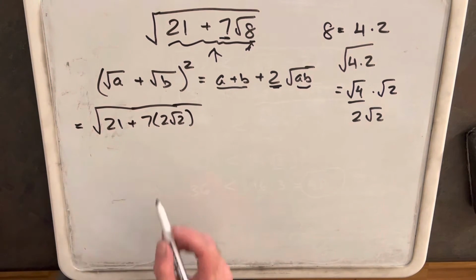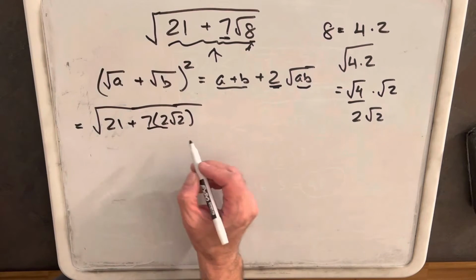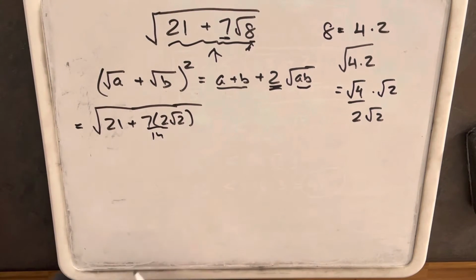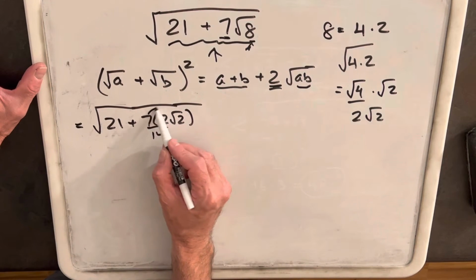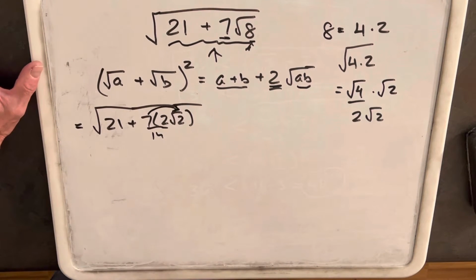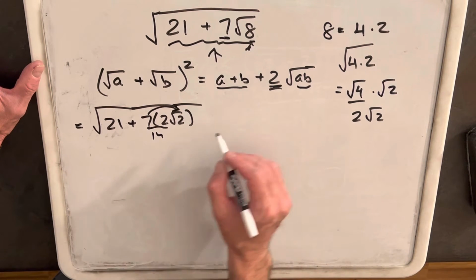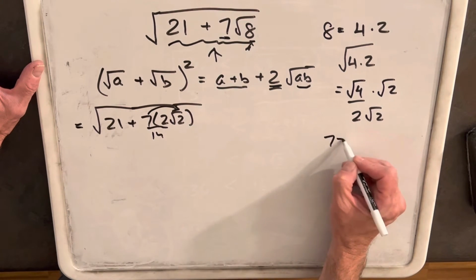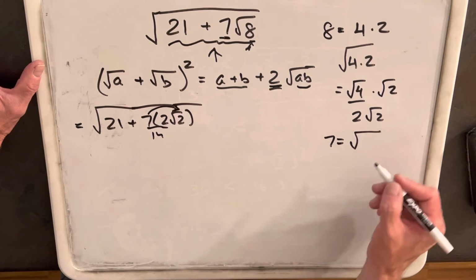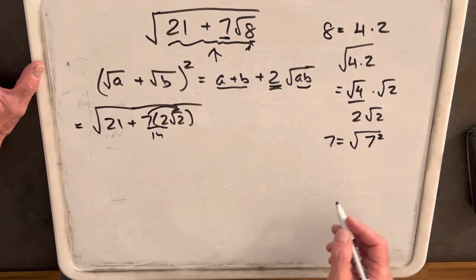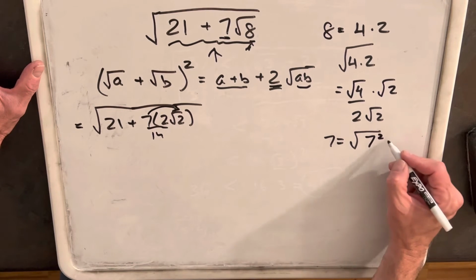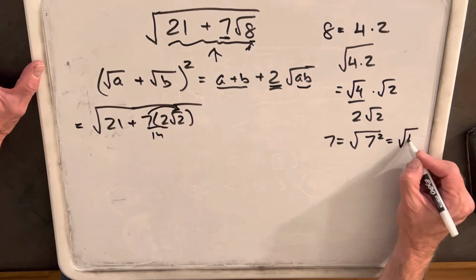And then now we still have a problem because when we multiply this out, this is 14, and we want this to be a 2. But instead of actually multiplying these together, I want to get the 7 back in the radical. So we know that 7 squared is 49, so we could write 7 as the square root of 7 squared, which is the square root of 49.